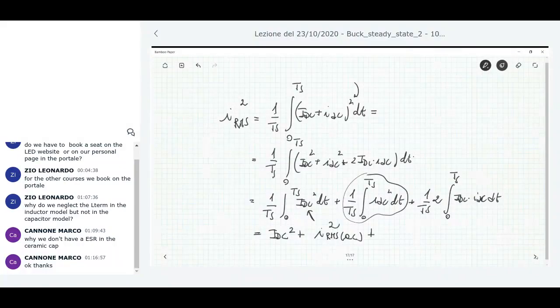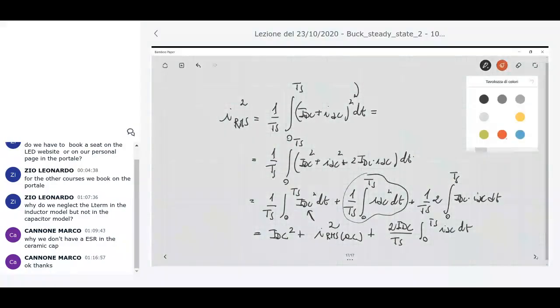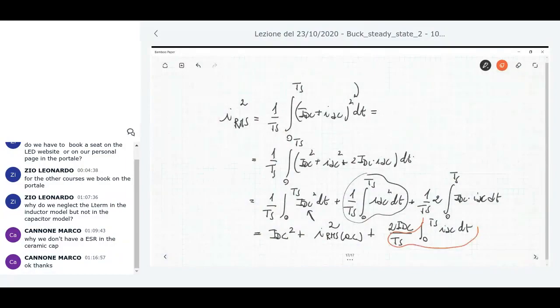Plus, here I have 2 times IDC, which is constant, so I can take it out of the integral, leaving the integral of IAC. This part here is the definition of the average value of AC.